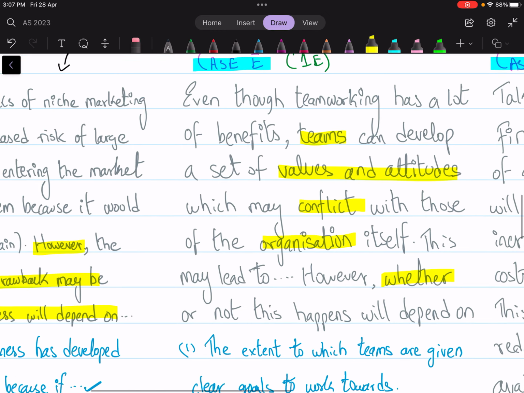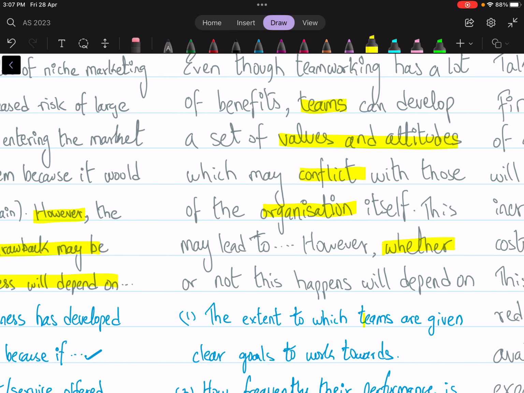Perhaps if your teams are given clear objectives and goals to work towards, they may not be misled because they will have a direction and a deadline. So if, for example, the objectives that you tell your teams are SMART: specific, measurable, achievable, realistic and time bound, your teams may not be misled and they will focus on the issues at hand.